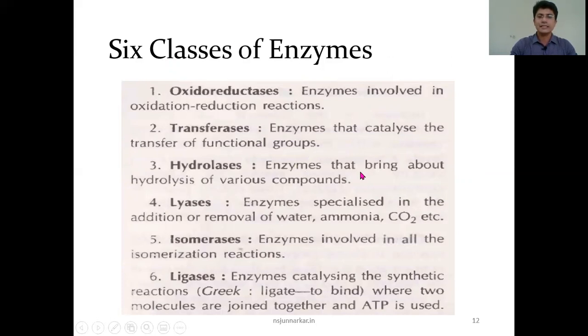Hydrolases include all the enzymes that bring about the hydrolysis of various compounds, and lyases are the enzymes which are specialized in the addition or removal of water, ammonia, carbon dioxide, etc. Isomerases include the enzymes that are involved in isomerization reactions, whereas the ligases include all the enzymes that are involved in synthetic reactions or bond forming reactions, where two molecules are joined together, and here an energy compound is used, that is, ATP may be used during bond formation.